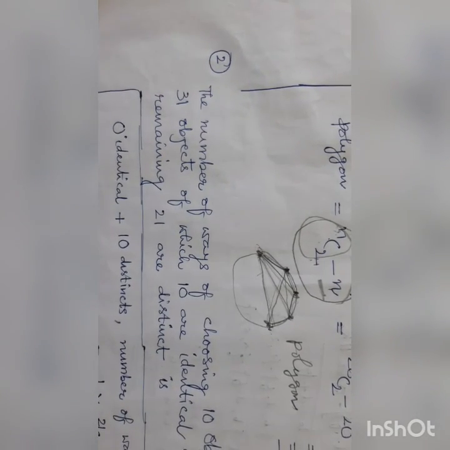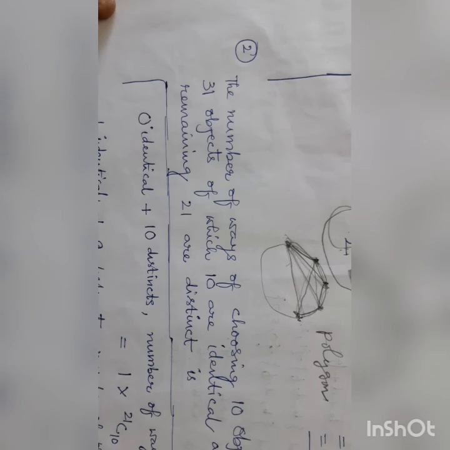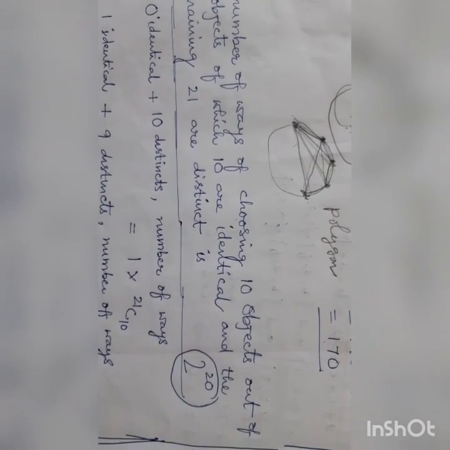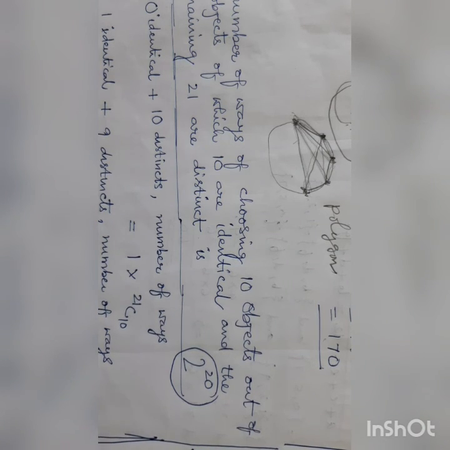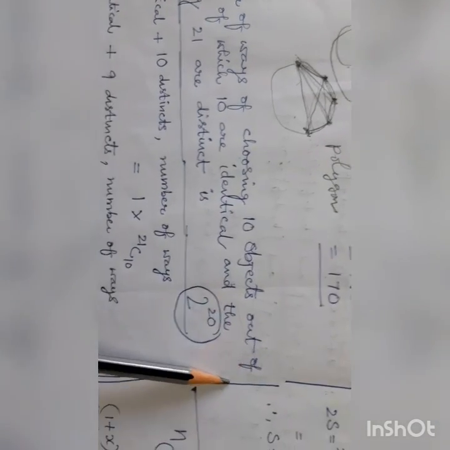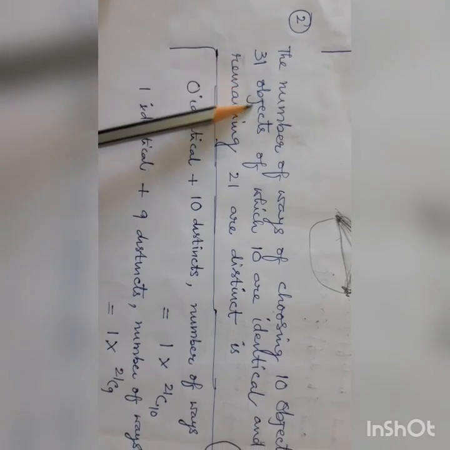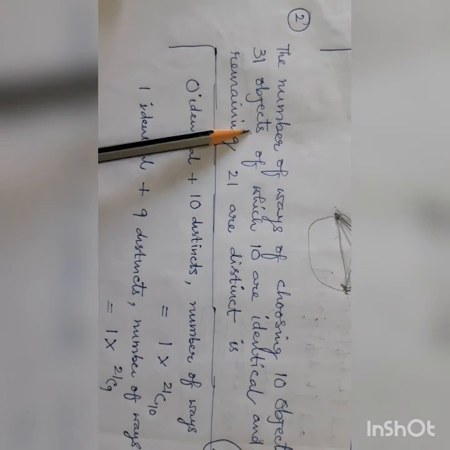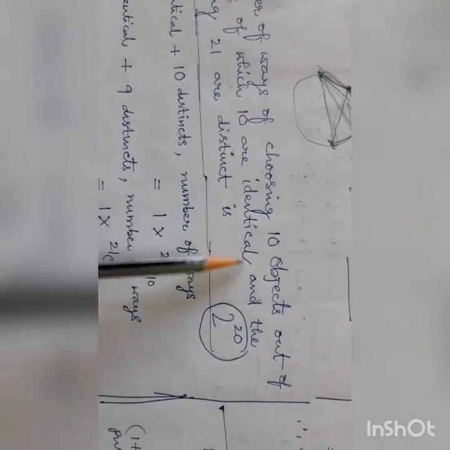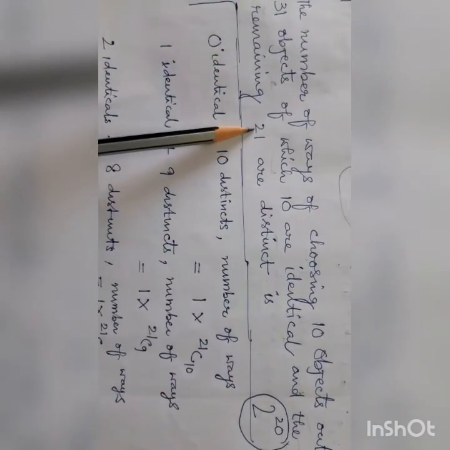Next, the number of ways of choosing 10 objects out of 31 objects, of which 10 are identical and the remaining 21 are distinct.